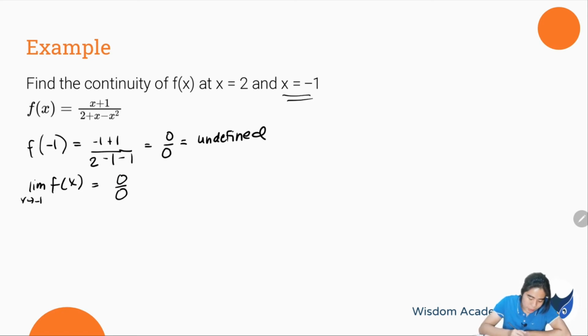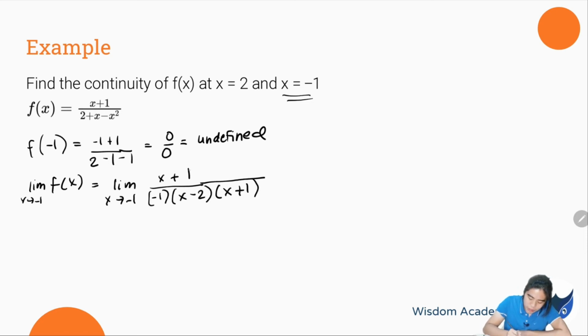So, gagawin natin, kailangan natin na i-factor out. So, dito maka-cancel na natin yung x plus 1. So, maging 1 na lang yung numerator. This will be equal to limit as x approaches negative 1 of 1 over x minus 2.